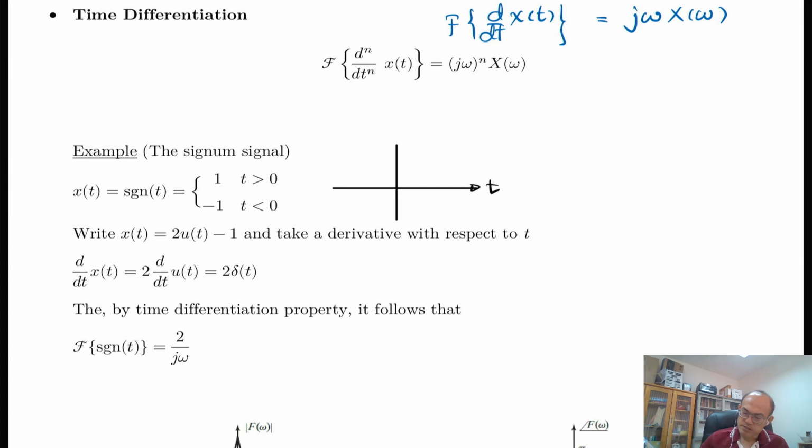So the signum signal here is 1 when time is positive and -1 when time is negative. Okay, this is the signal, 1 and -1, 0 here.